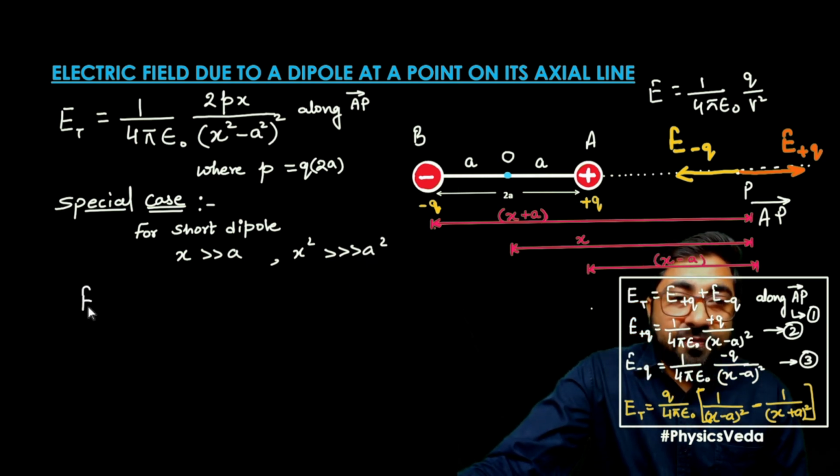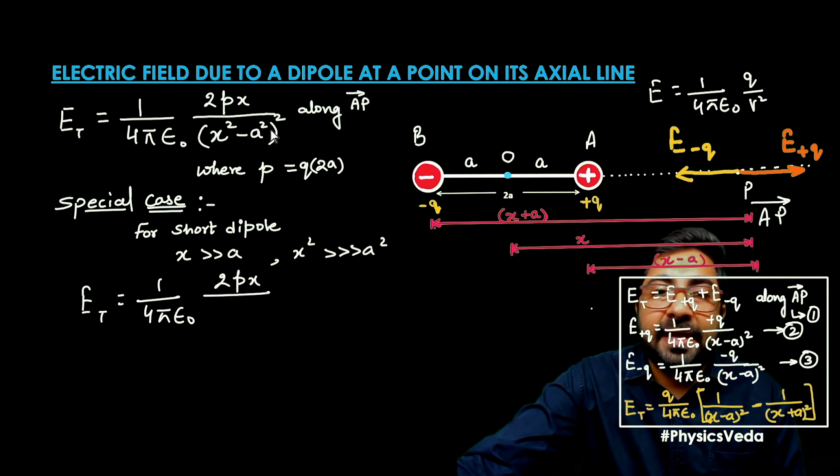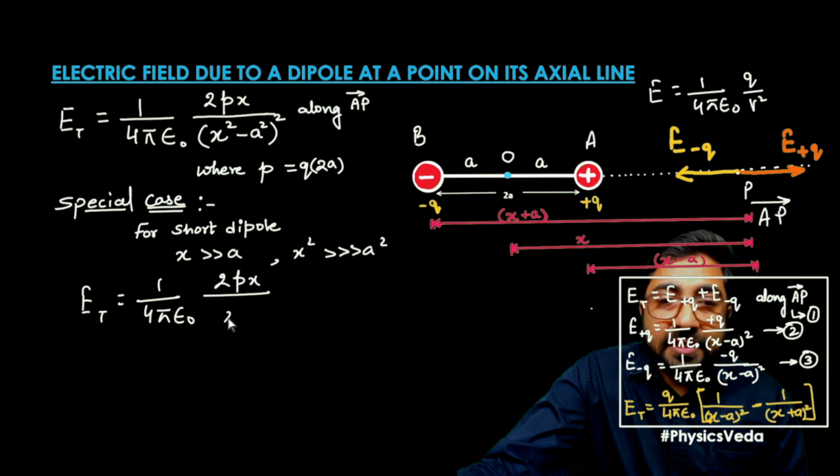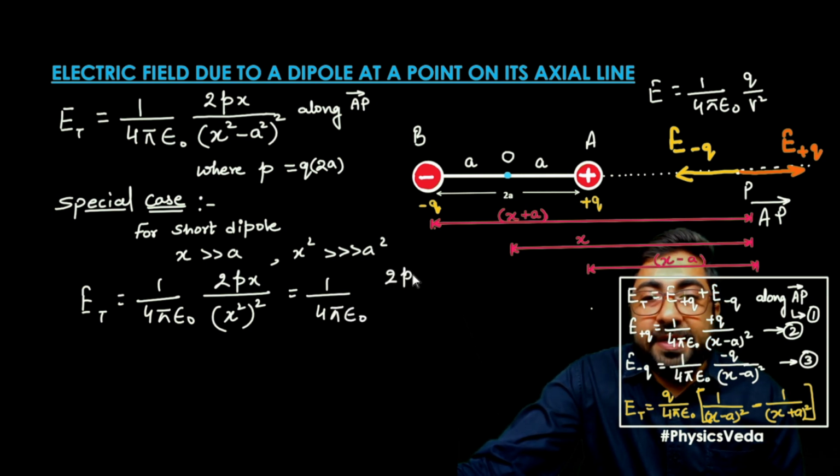The total electric field is 1 upon 4 pi epsilon naught times 2px. Now I neglect a square, so it is x square to the power 2. Its value is 1 upon 4 pi epsilon naught times 2px upon x to the power 4.